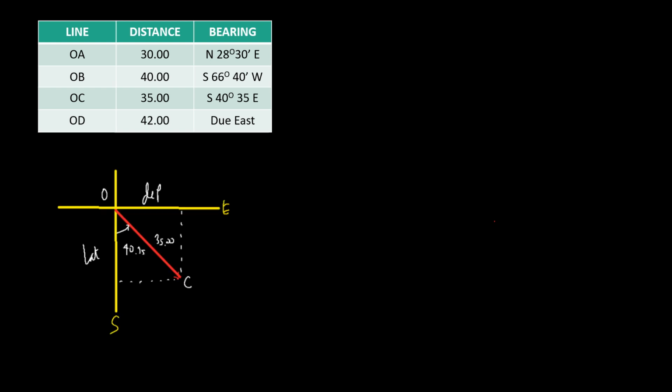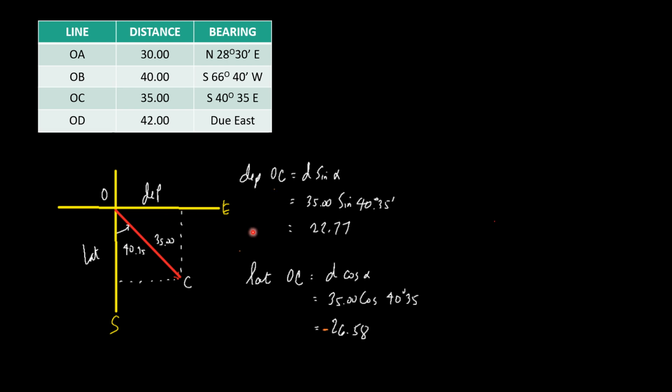Proceeding now to the third line OC, the distance is 35 meters and the direction is south 40 degrees 35 minutes east. The departure of line OC is d sine alpha, or 35 times sine of 40 degrees 35 minutes, equal to 22.77.